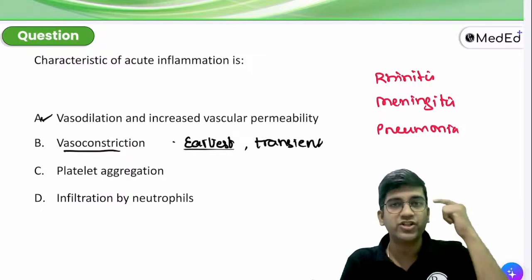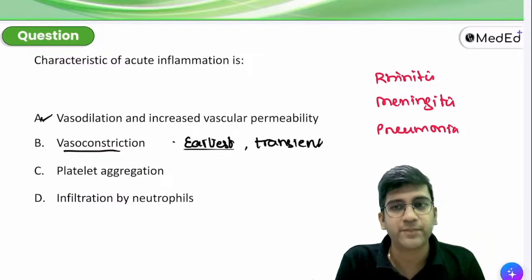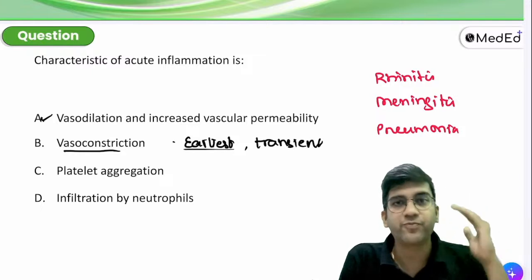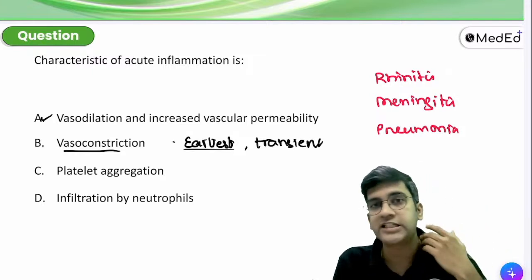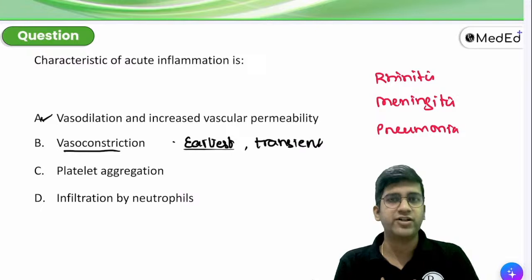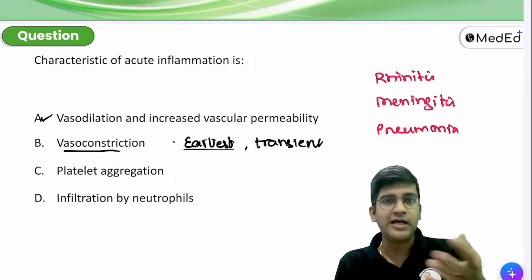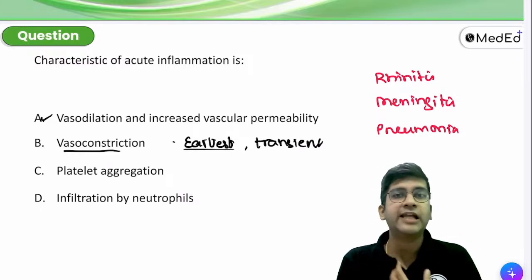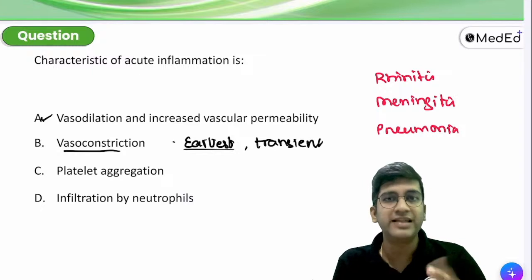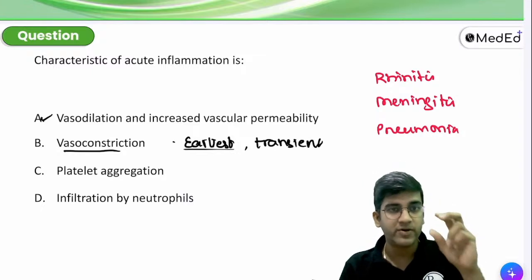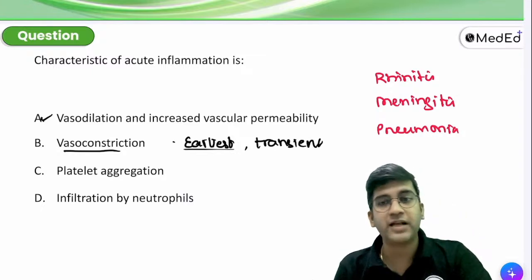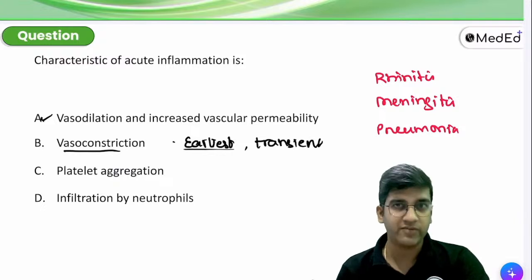In meningitis, when the secretion in the CNS increases, what will happen? You'll have increased CSF pressure and irritation of the meninges. Pneumonia is a lung infection. More congested lung and more permeability. The entire lung will be full of fluid, which results in breathing difficulty, right? So vasodilatation and increased vascular permeability can be extrapolated to acute inflammations throughout the body.